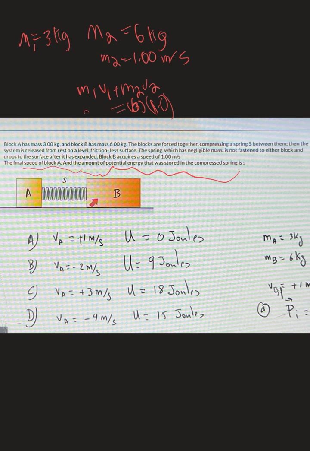And that's gonna equal to 3, and we don't know what the V1 is, that's what we're looking for. So 6 times 1 is 6, and then 6 divided by 3. And that's gonna give us negative 2 for the velocity. And our only answer choice is gonna be this one, B, right here.